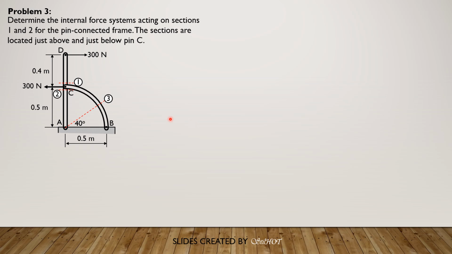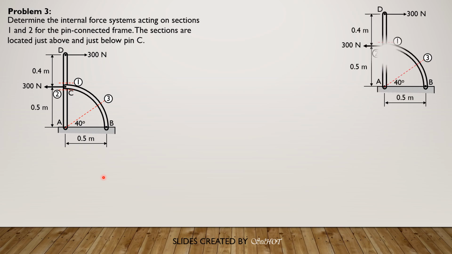So actually we can solve directly the internal force systems in section 1 because we can separate the portion of the member from D to 1 as a free body.